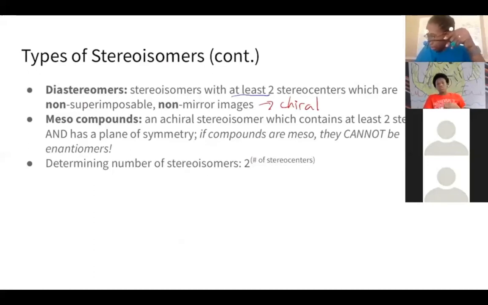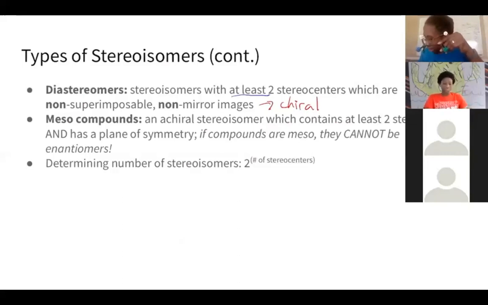Another molecule which also has at least 2 stereocenters could be a meso compound. Meso compounds are achiral stereoisomers which contain at least 2 stereocenters and have a plane of symmetry. This is important. As we discussed earlier, chiral molecules and enantiomers can't have a plane of symmetry.